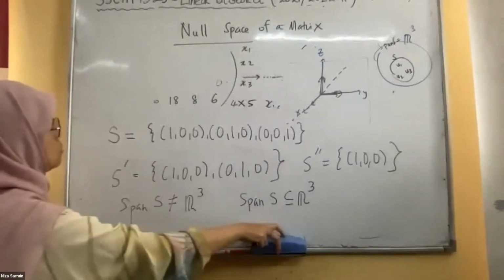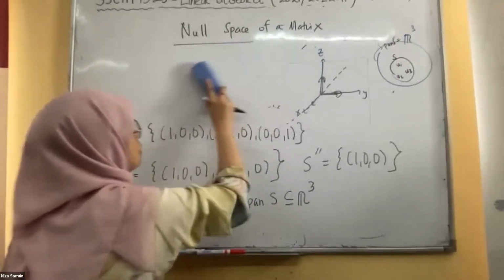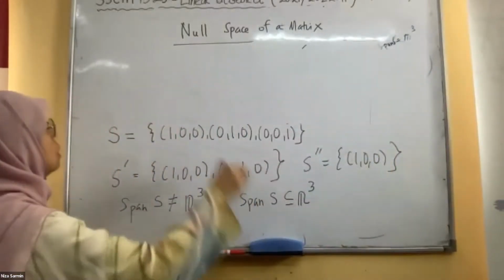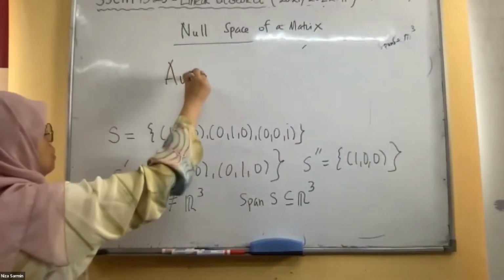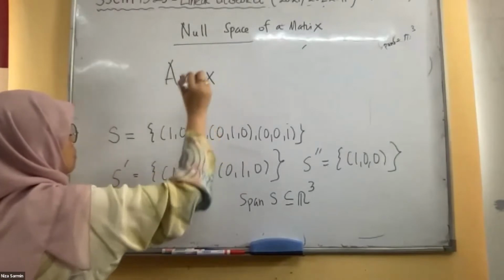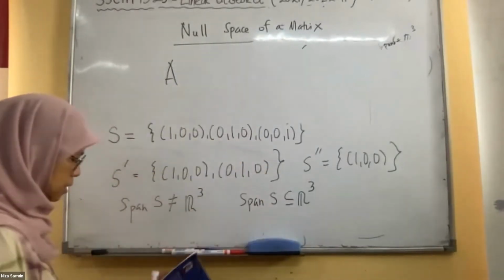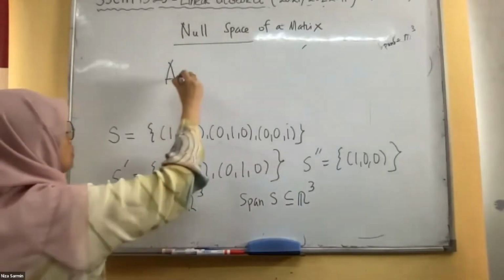What is the null space of a matrix? So you have a matrix, say AV is X.